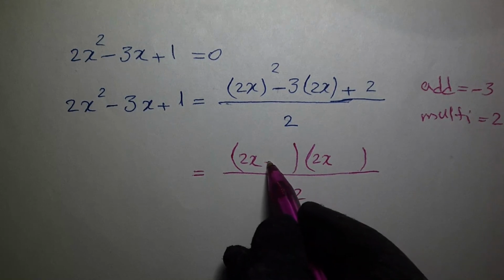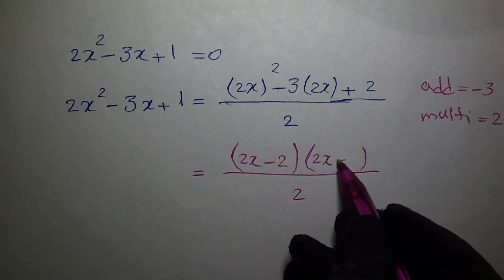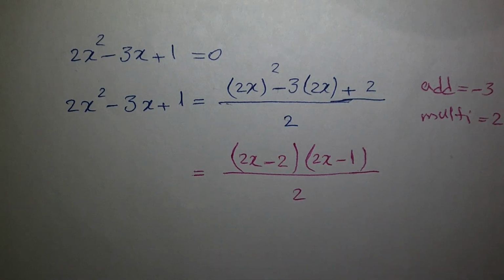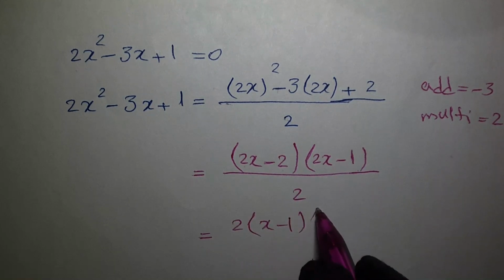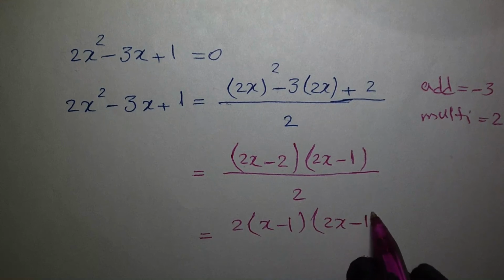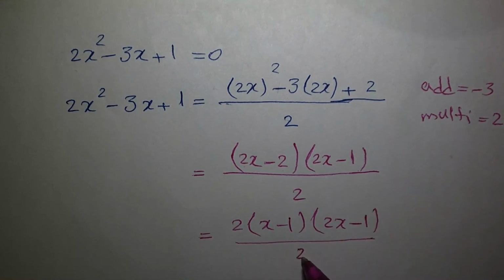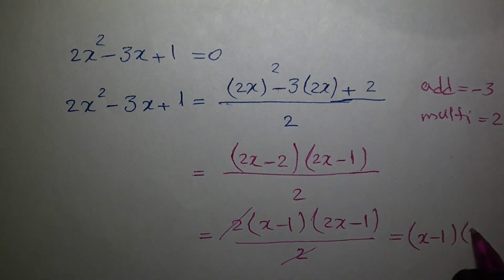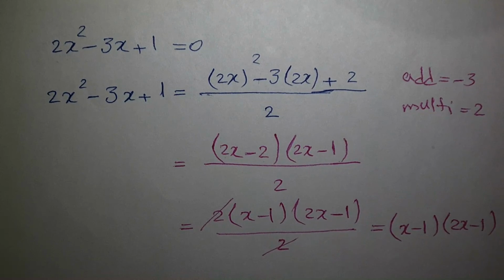Those two numbers are negative 2 and negative 1. Now if you factor 2 from the first parenthesis, you can cancel that 2 with the denominator. So what's left? x minus 1 times 2x minus 1. So we factored this expression.